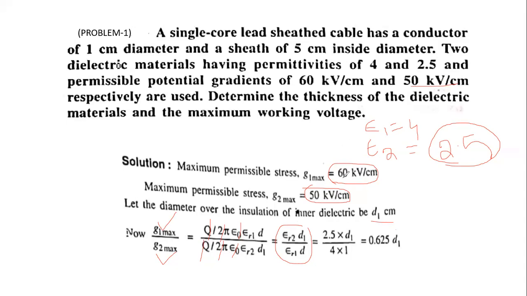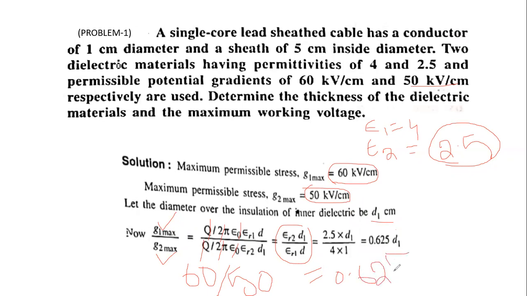What is the value of G1 max? G1 max is equal to 60 and G2 max is equal to 50. So 60 by 50 is equal to 0.625 D1.